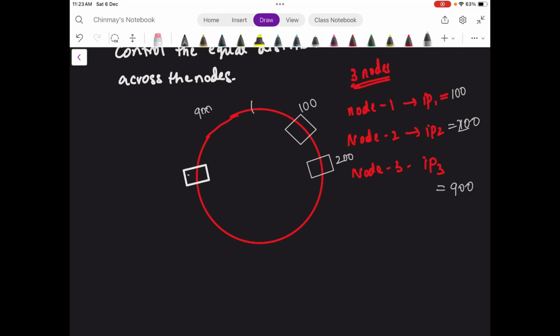Okay, this is 1000 as the upper limit and 0 as the lower limit. Okay, this is 900.